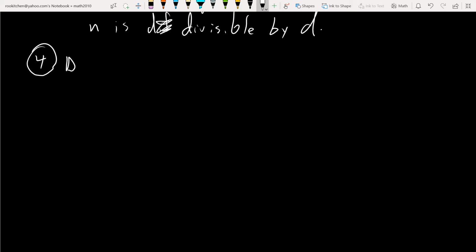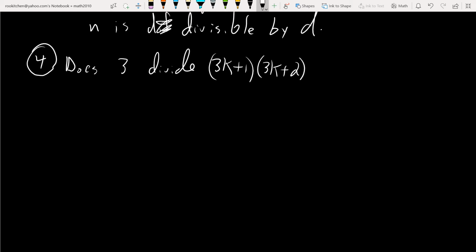They're asking, does 3 divide this big long product, 3k plus 1 times 3k plus 2 times 3k plus 3, where k is an integer? What we're trying to see is if we can rewrite this expression as 3 times something.